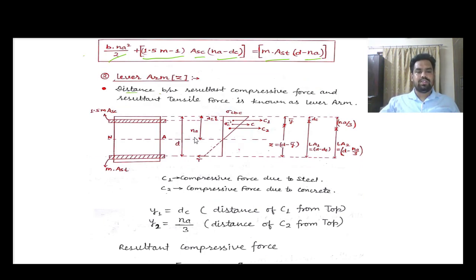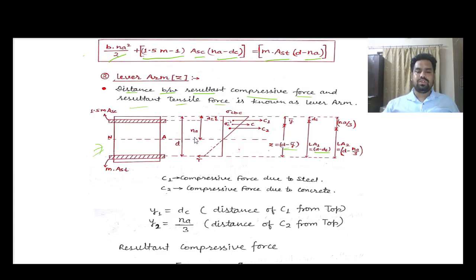So lever arm is the distance between the resultant compressive force and the resultant tensile force, where all the resultant force acts. As you can see from this stress strain diagram, the resultant force below the neutral axis, that is for steel provided in tension, is the same as we have for a singly reinforced section, but there are some changes in the compression zone because we have added extra steel in the compression zone.